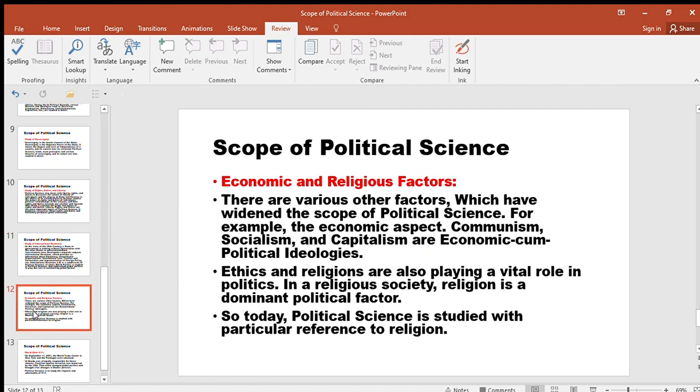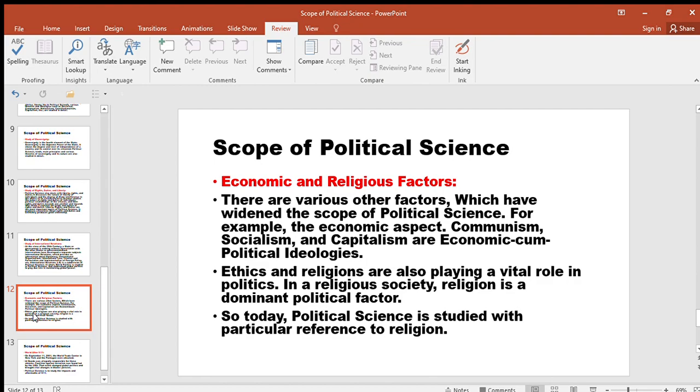Political science is also study of economic and religious factors. There are various other factors which have widened the scope of political science. For example, the economic aspect: communism, socialism, and capitalism are economic cum political ideologies.